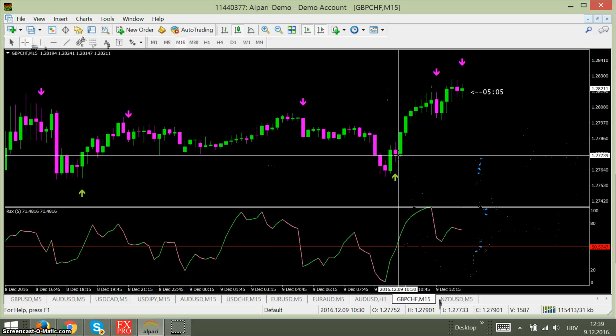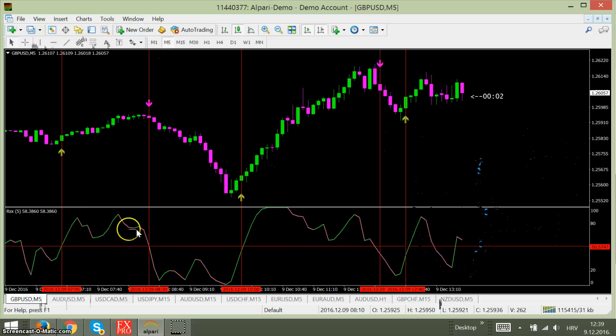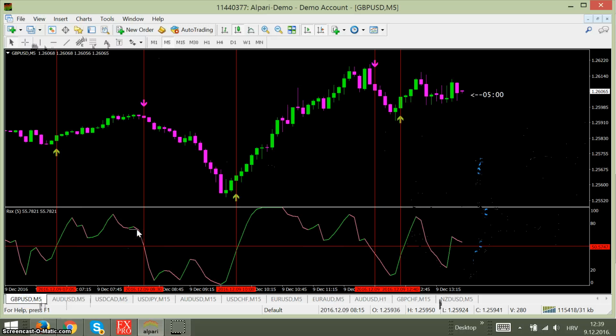The best situation, of course, is if you have confirmation on the first candle, but if you want to take a little bit more risk, you can take it on the second candle.